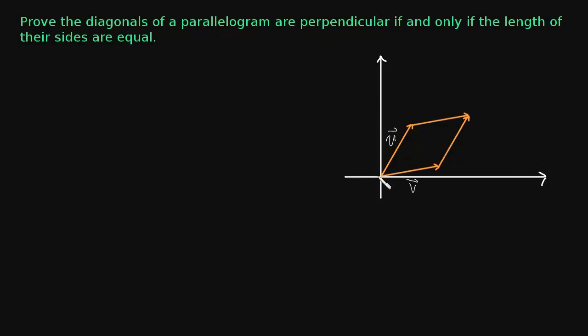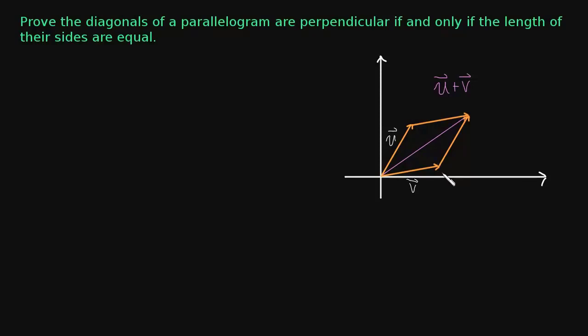And now we know how to create the diagonals, right? If we do head to tail addition, we can get this main diagonal, and we know that that's u plus v. And then how do we get the other diagonal? Well, the other diagonal is just u minus v.